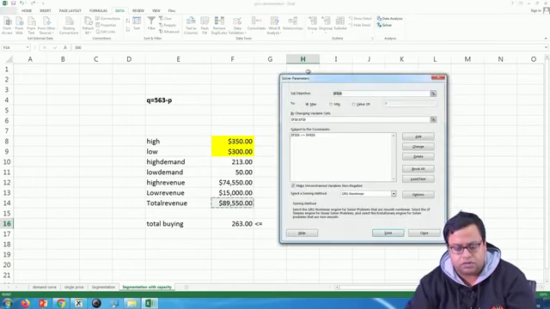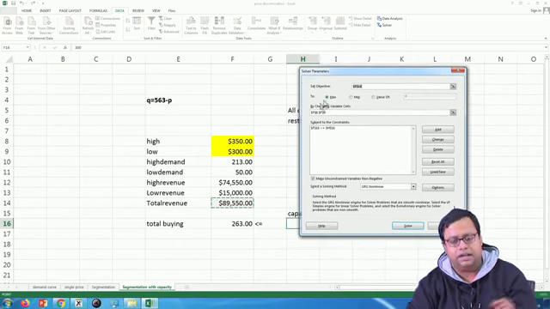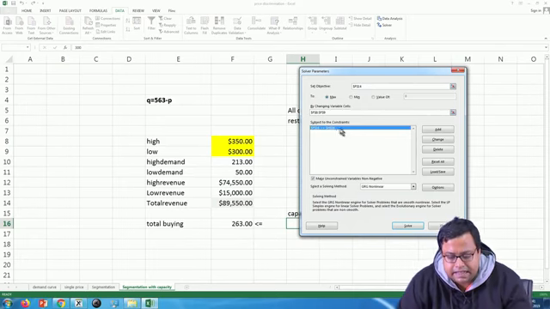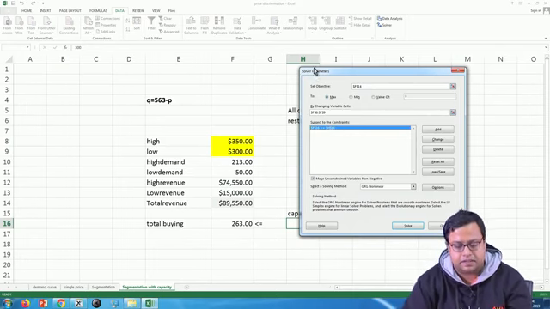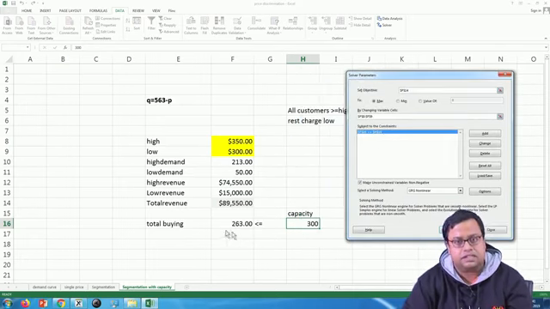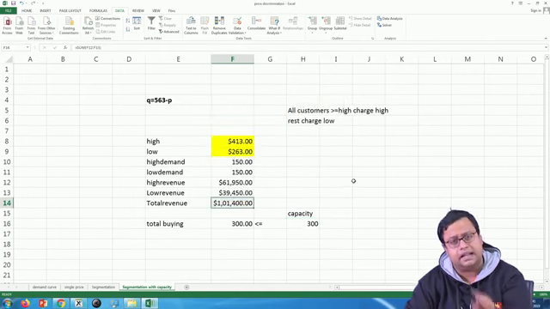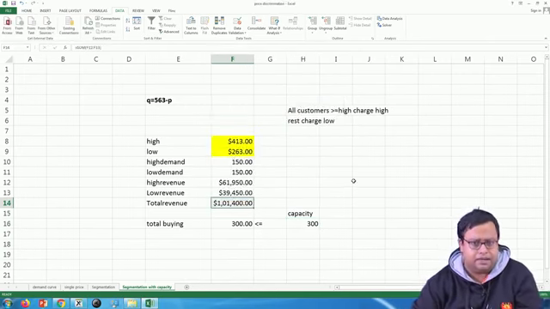I will go to Solver, the same as before. The extra thing given here is that F16 is smaller than or equal to H16. That means this value 263 is smaller than or equal to 300, and then I try to solve and I get 101400. It is still higher than the first single price.